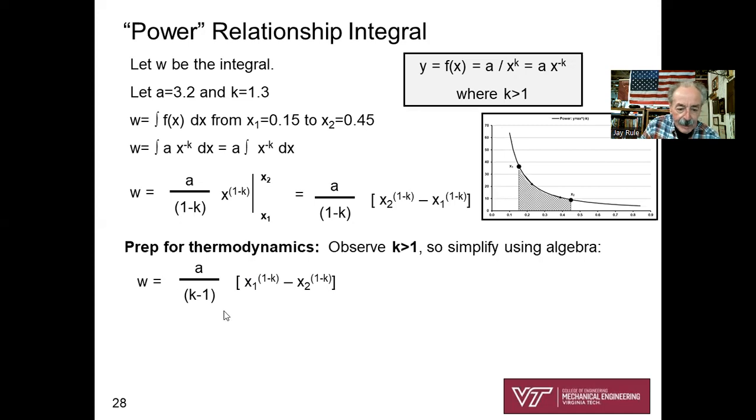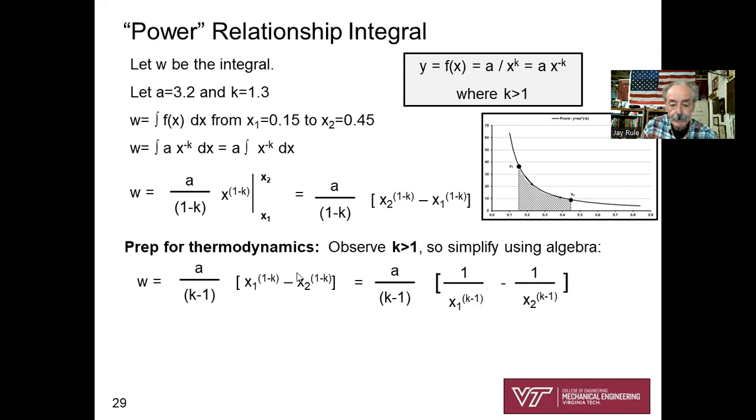Down here, I flipped the sign of the denominator to k minus 1, and that's what enables me to flip the bracket term. Instead of x2 to the 1 minus k minus x1 to the 1 minus k, I've got x1 to the 1 minus k minus x2. All I did was flip the sign down here, because k minus 1 is going to be some small number. It won't be a negative number that way.